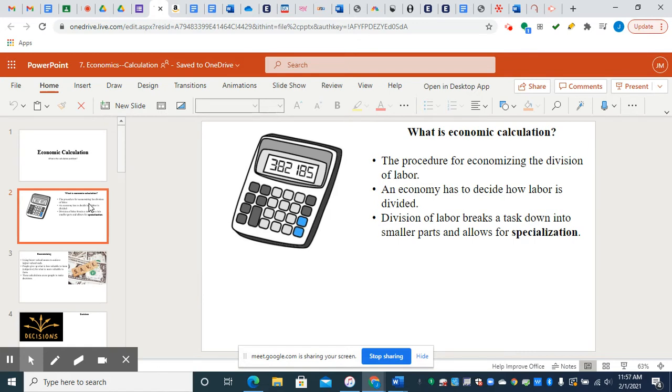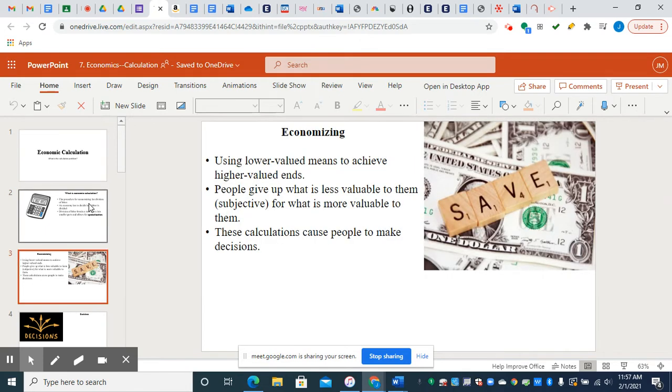So division of labor breaks a task down into smaller parts and allows for specialization. So this leads to economizing. Economizing, which is obviously in the name of the subject of economics, leads us to do this process that we do all the time, every day, which is, you could call it economizing if you want to call it by a verb, one word.